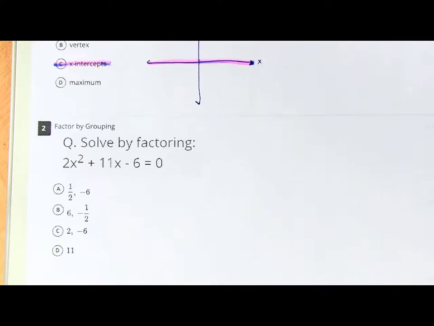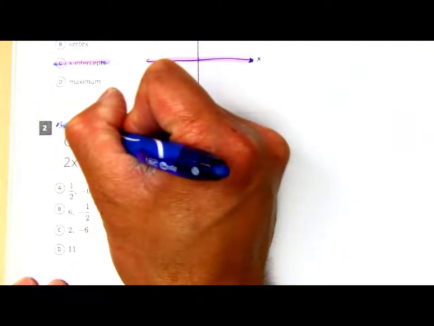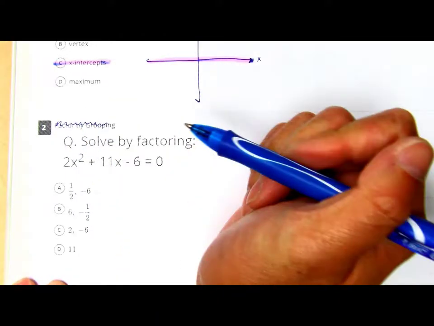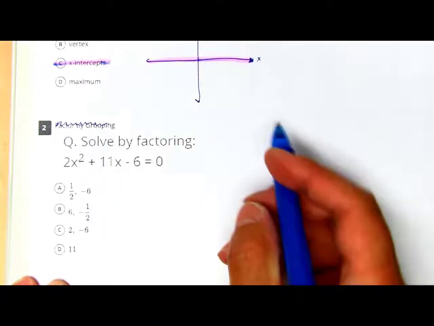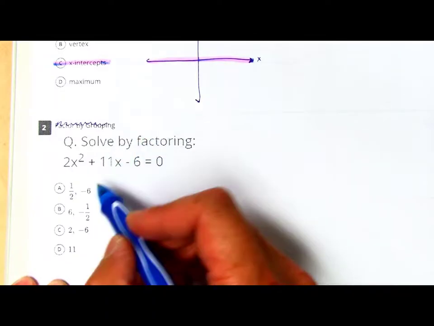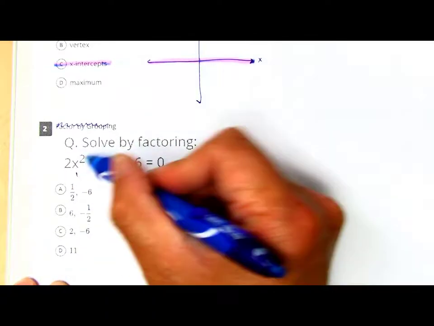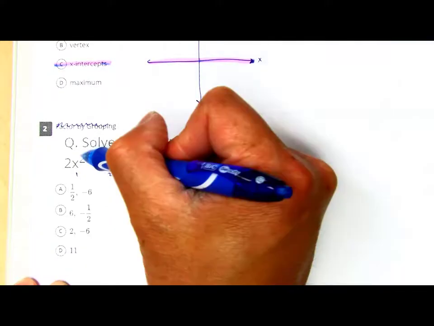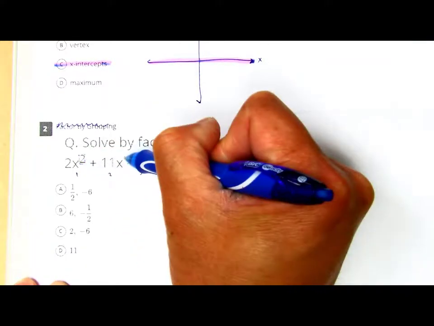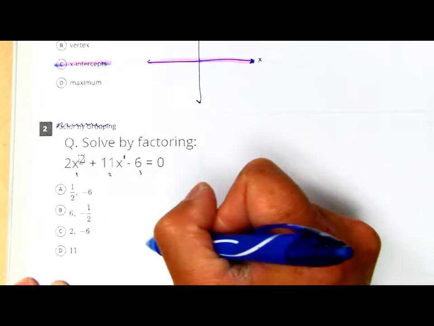That one should not say factor by grouping. Just solve by factoring. You have a trinomial, 1, 2, 3 terms, and it's quadratic, to the power of 2. Half of 2 is 1, so I can use my X-box method of factoring.